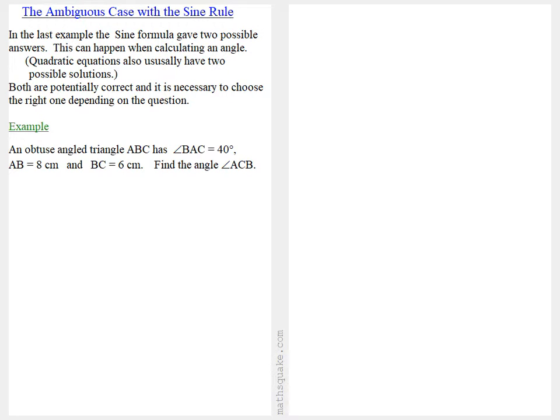An obtuse angle triangle ABC has the angle BAC equal to 40 degrees, the side AB equal to 8 centimetres, and the side BC equal to 6 centimetres. Find the angle ACB. Well, one method of doing this is by construction. We start by drawing a base line.